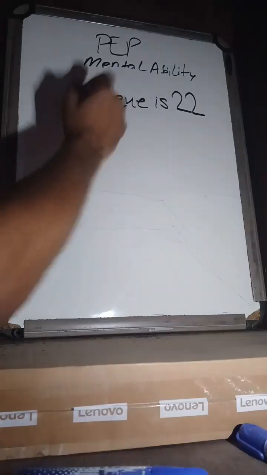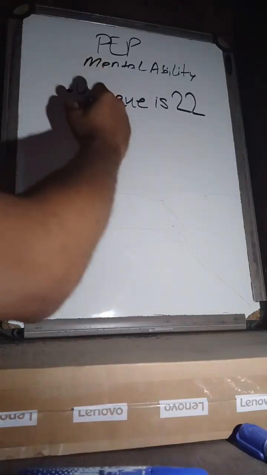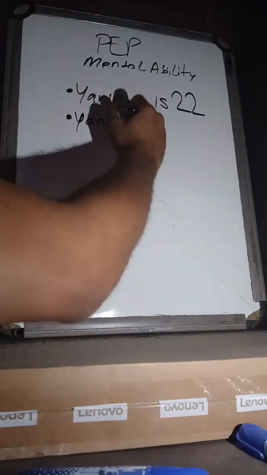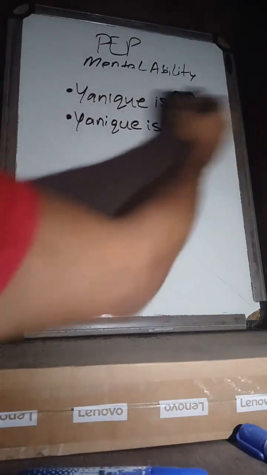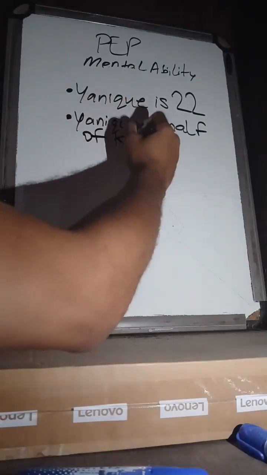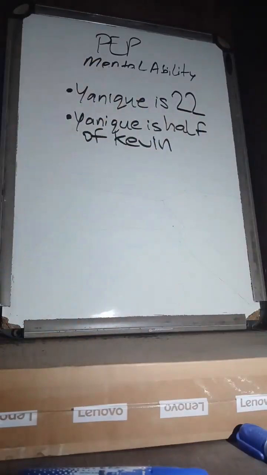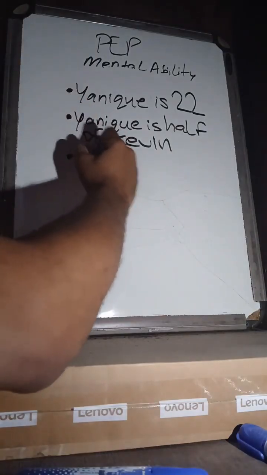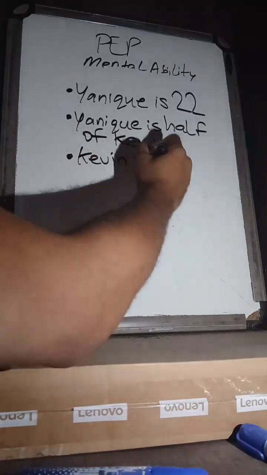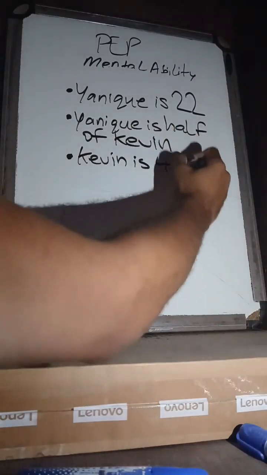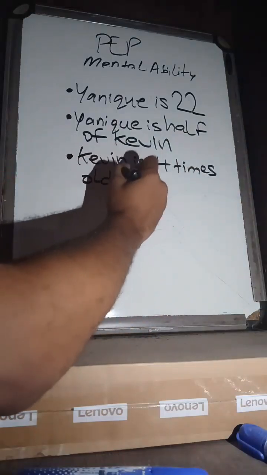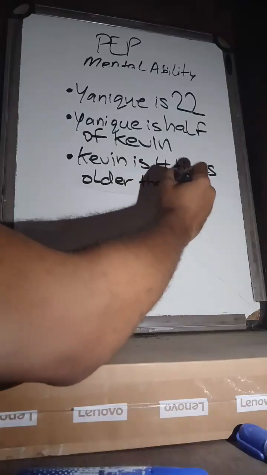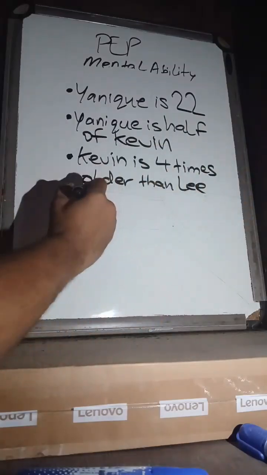Yannick is 22. Yannick is half of Kevin. Kevin is 4 times older than Lee.